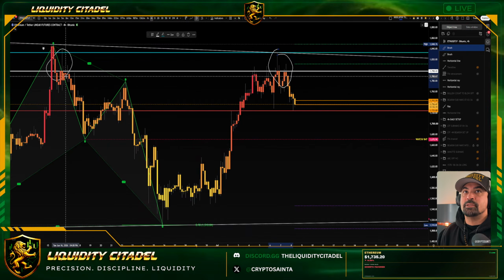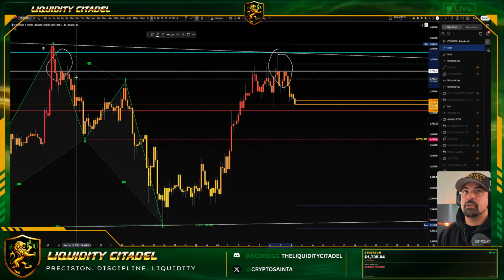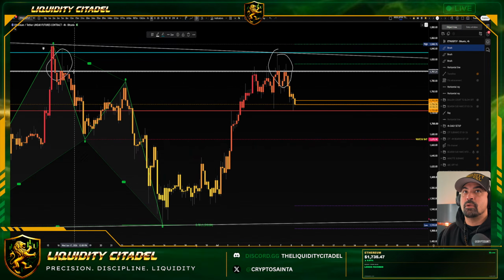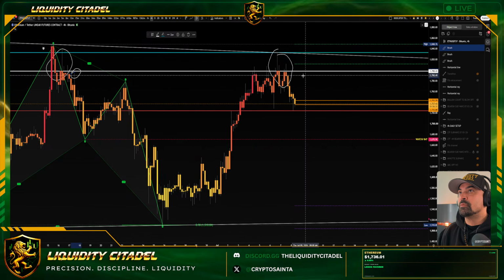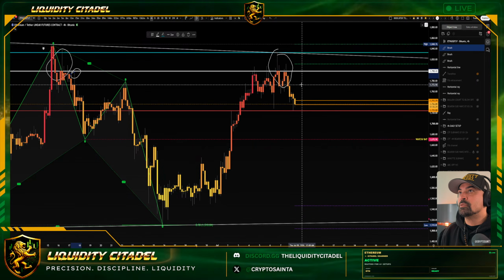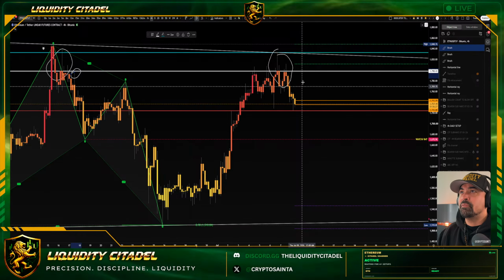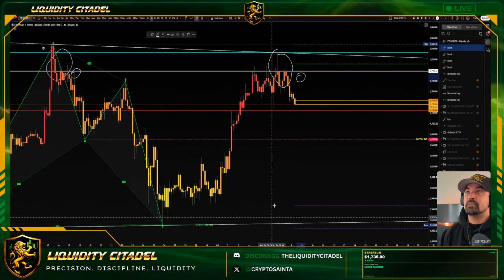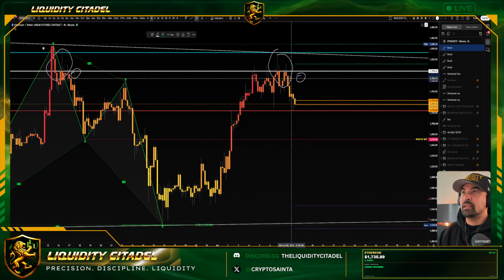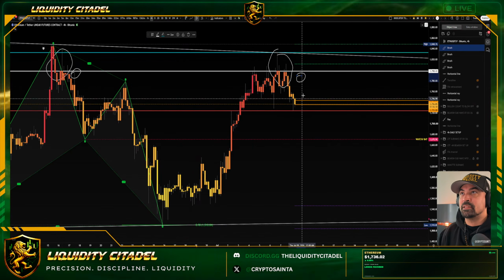So as this was moving down, look what this did right over here. You had a wick that came up. Even if it came up to here, right? Even if it came up to like 1789, because 1798, 1789, those are going to be the intense levels.